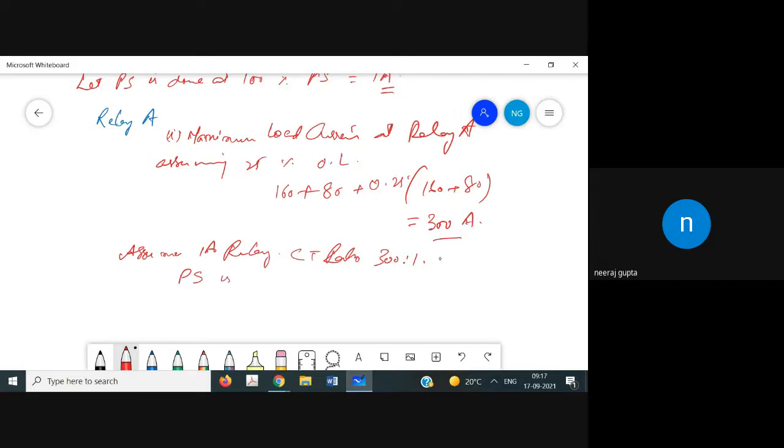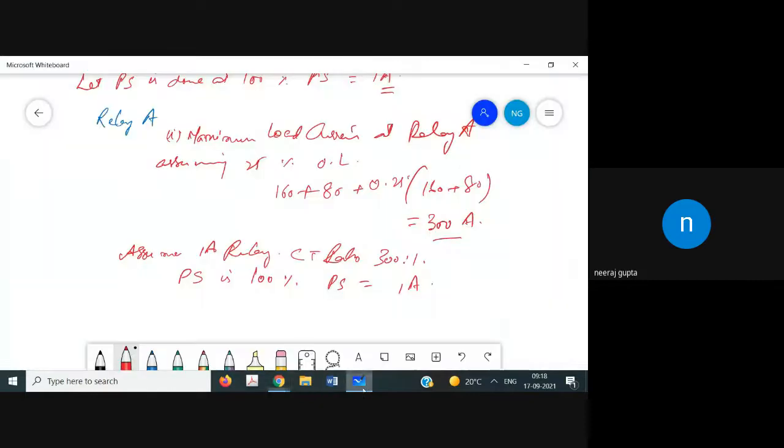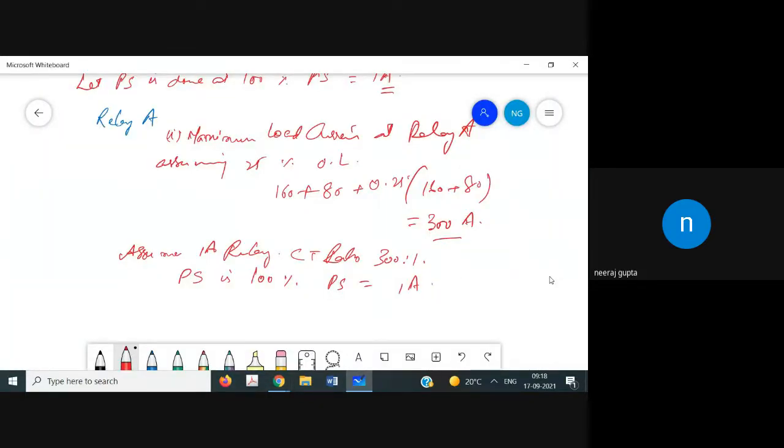If the plug setting is 100%, then you can have the plug setting of 1 ampere. This is how you can select the plug setting and the CT ratio.